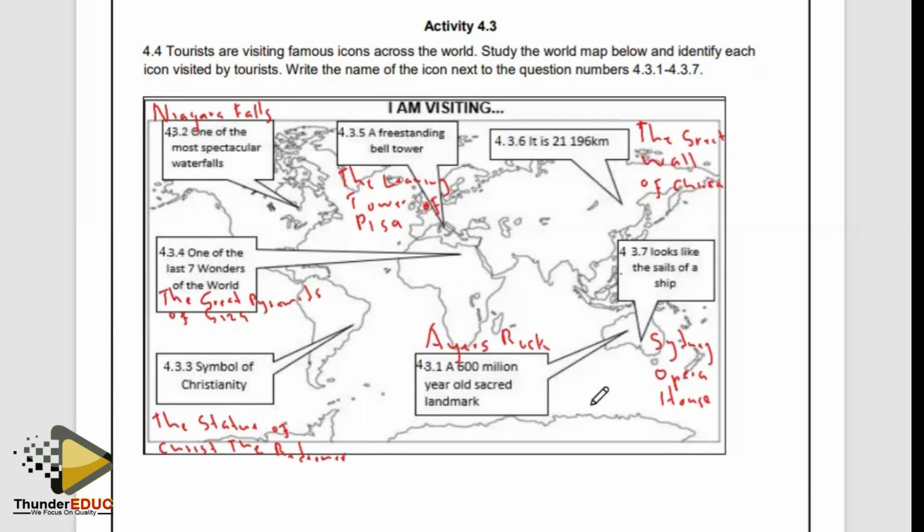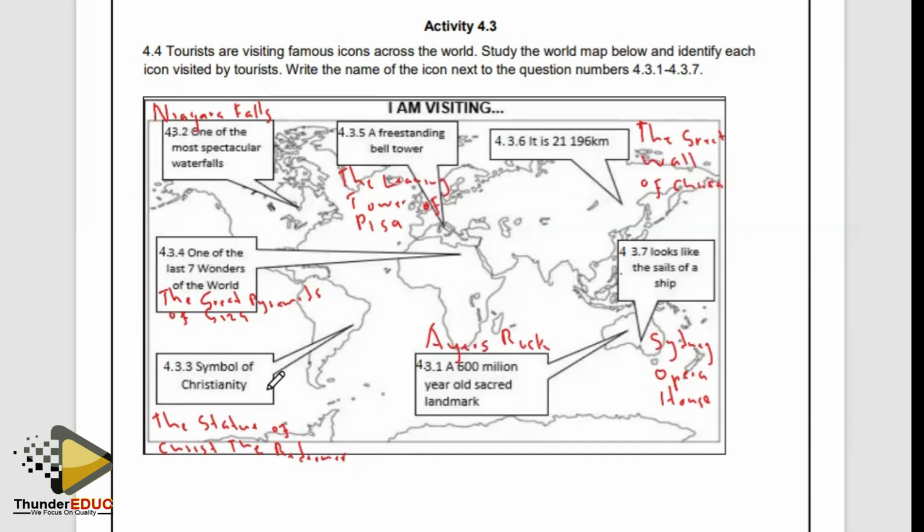So starting with the first one, just a rundown. Ayers Rock is a 600 million year old sacred landmark. Then moving on to the second one, one of the most spectacular waterfalls in the world, that is Niagara Falls. One of the last wonders of the world, that is the Great Pyramids of Giza.